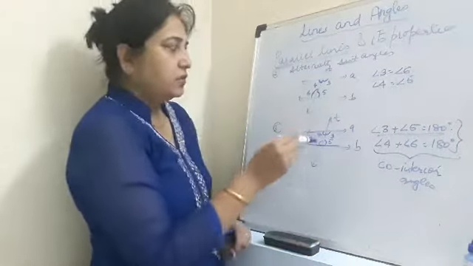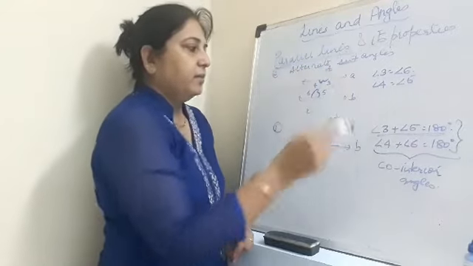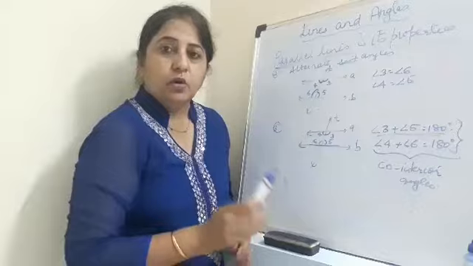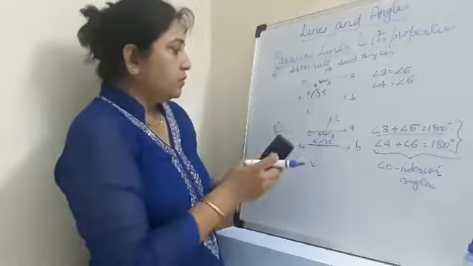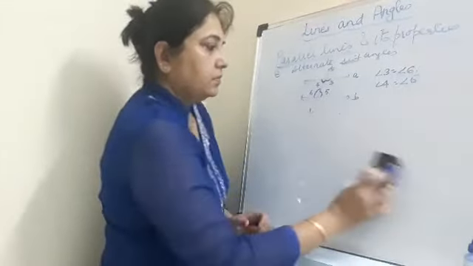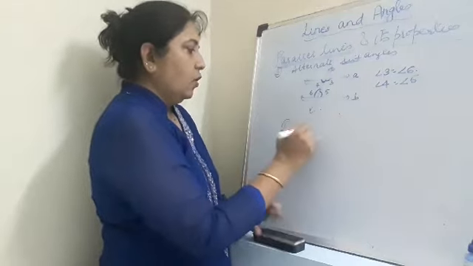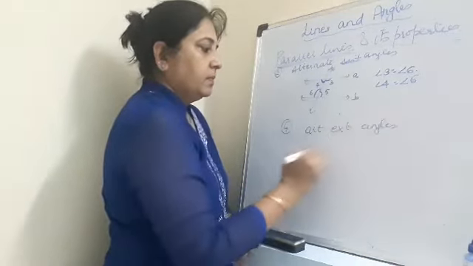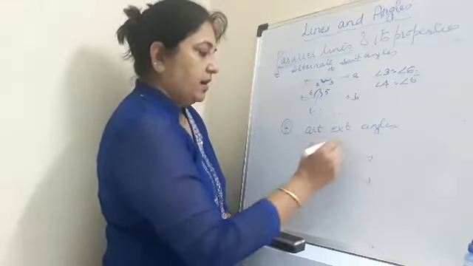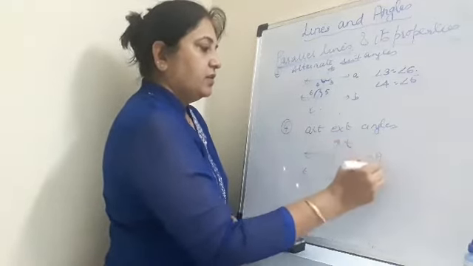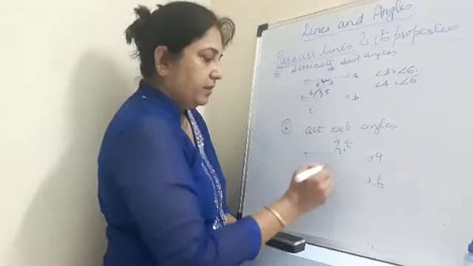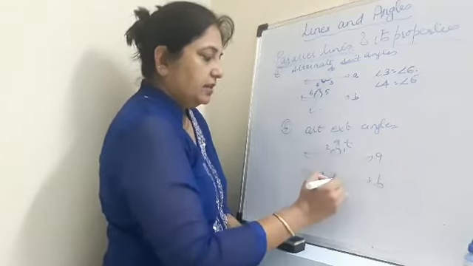So I hope they've understood alternate interior angles and angles lying on the same side of the transversal, also called co-interior angles. Now there is one more type, and that is alternate exterior angles. So again, two lines parallel, T is a transversal. If I take this as 1 and this angle 8, this is angle 2 and this is angle 7.